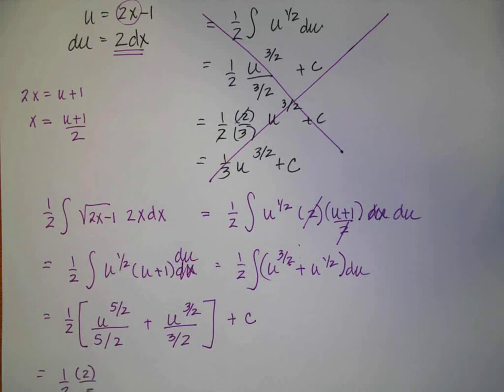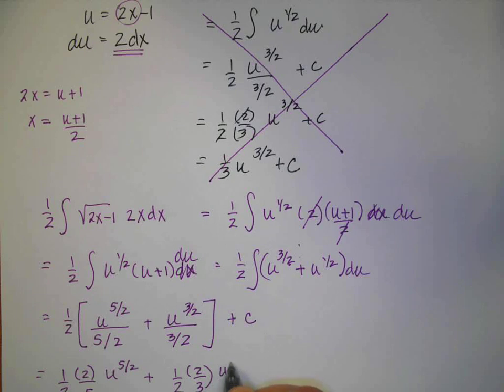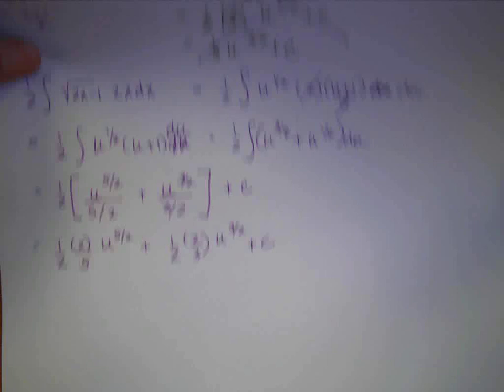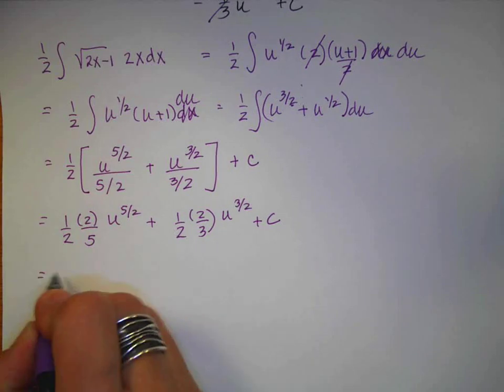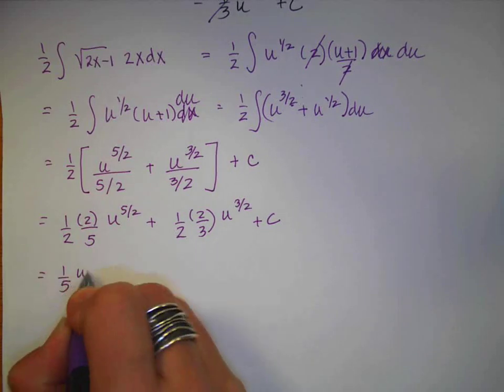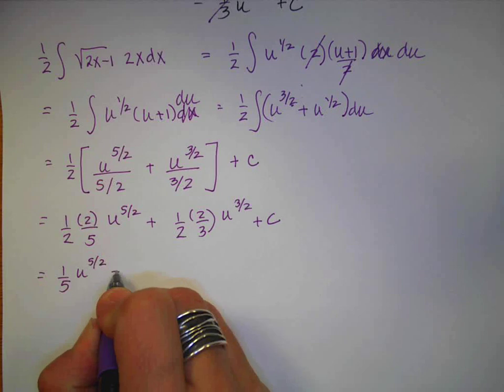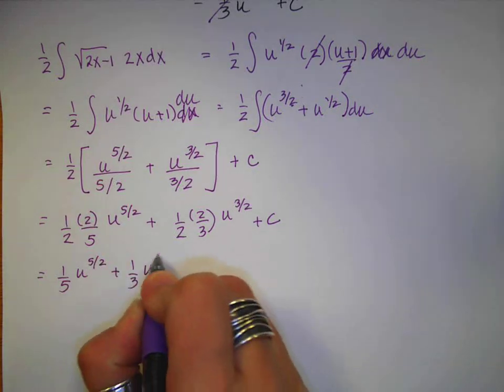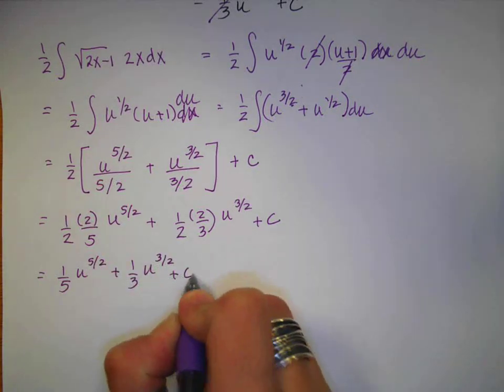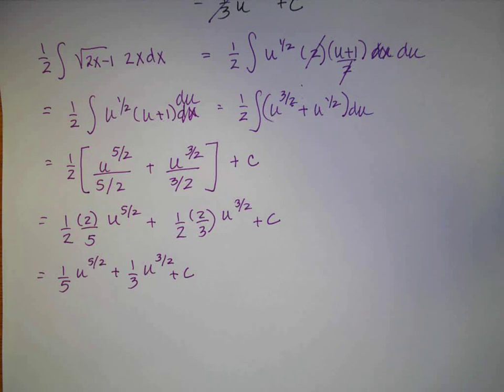So I have 1/2 times 2 over 5 times u to the 5/2 plus 1/2 times 2/3 u to the 3/2 plus C. Alrighty. Twos cancel, so I get 1/5 u to the 5/2 and I get 1/3 u to the 3/2 plus C.